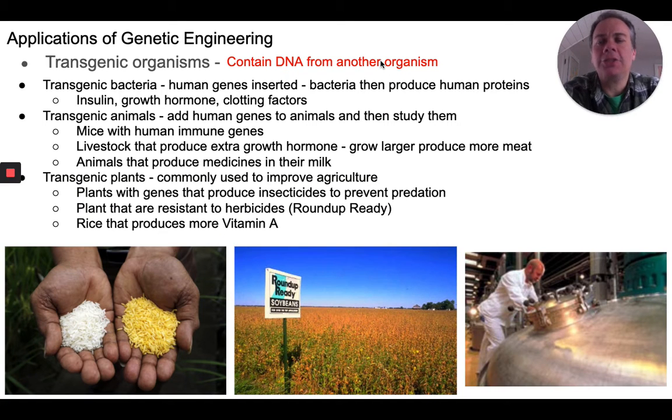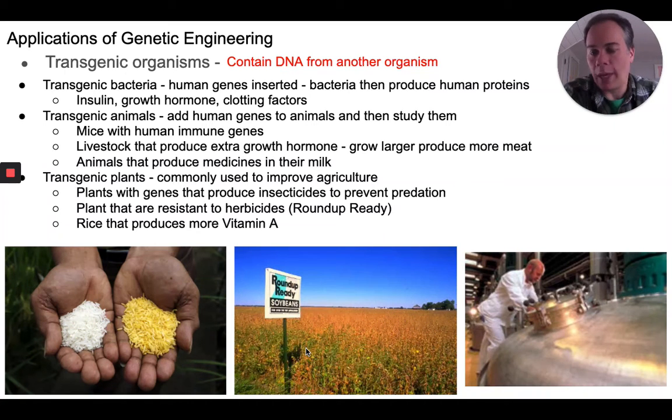So because they've engineered these plants to be resistant to Roundup, what they do is they can grow a whole field, for example, of soybeans, and then spray the entire field with Roundup. Now, because these soybean crops have that resistant gene, they're not going to be damaged by the Roundup herbicide that's sprayed on them, but all of the weeds and so forth will be.